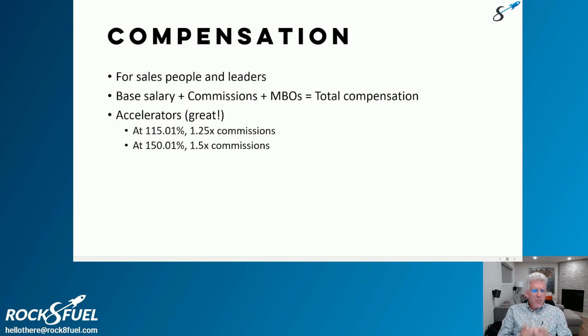So if you put accelerators in place, just calculate them properly and make sure that you put gates. Like at 115.01%, everything above that mark, you get paid 1.25, and at 150.01, you get paid 1.5. So go close business, have record quarters, have record months. That's a way to go get them.